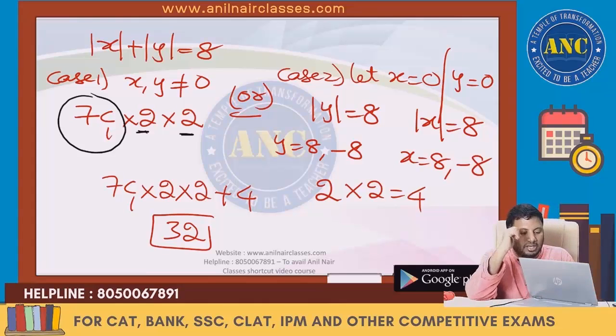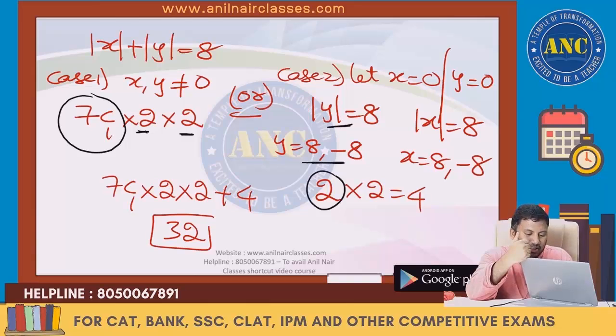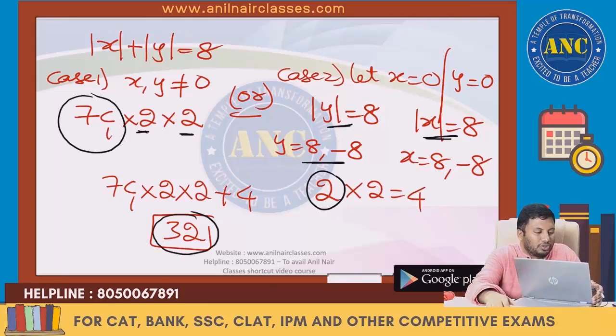If x is 0, |y| is 8, y will be 8 or minus 8. Similarly, if y is 0, x is 8 or minus 8. 2 into 2, 4, 32. Answer is nothing but 32 cases. I will make it very, very easy for you.